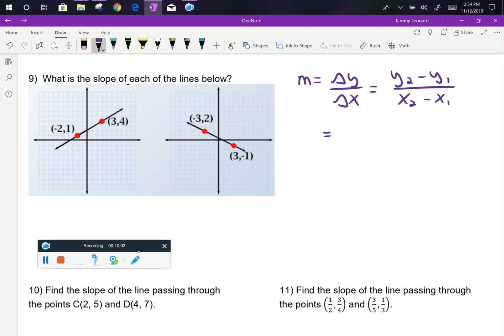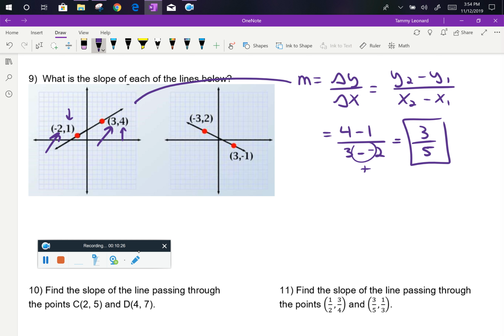So if this is my y2 and this is my y1, I'm going to say 4 minus 1 divided by, that makes this my x2 and this my x1, so 3 minus negative 2. Well, 4 minus 1 is 3. 3 minus negative 2 is really plus. So my slope is 3/5 for this first line.